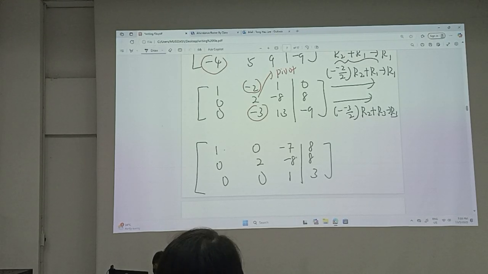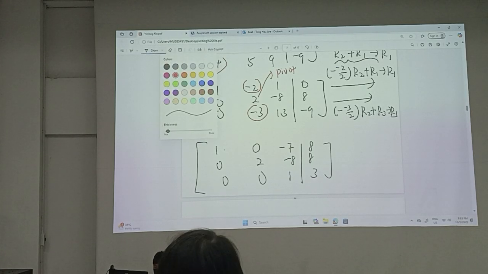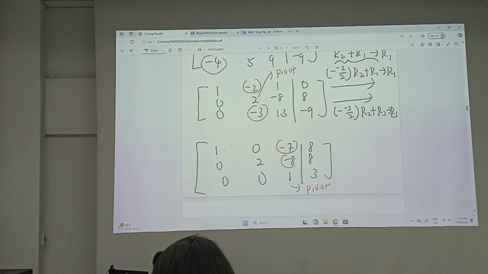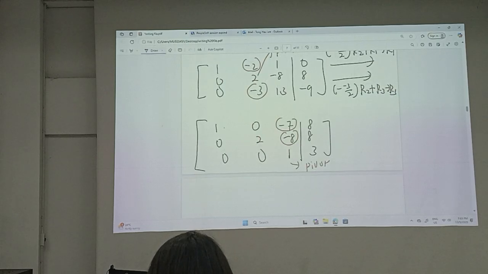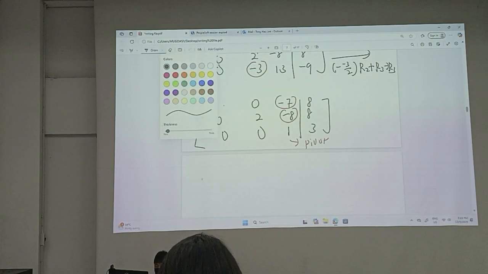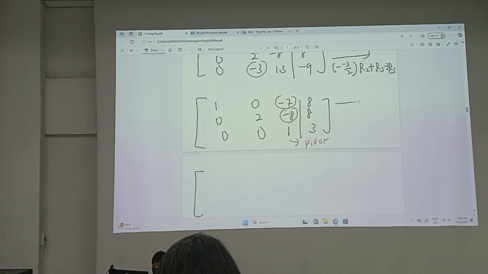So now, third column, which one is pivot? What's the pivot value here? 1, yes. 1. We need to turn negative 7 and negative 8 to 0. So do it column by column. So write down the operation first.